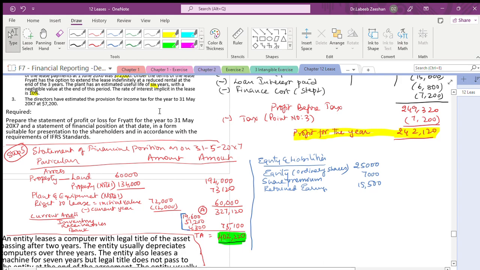Current year profit, profit and loss account, is how much? 242,120. Okay?